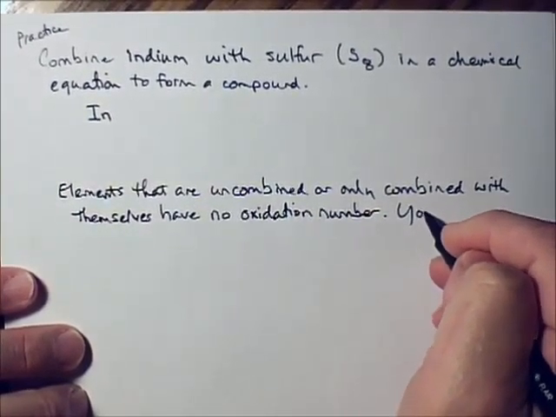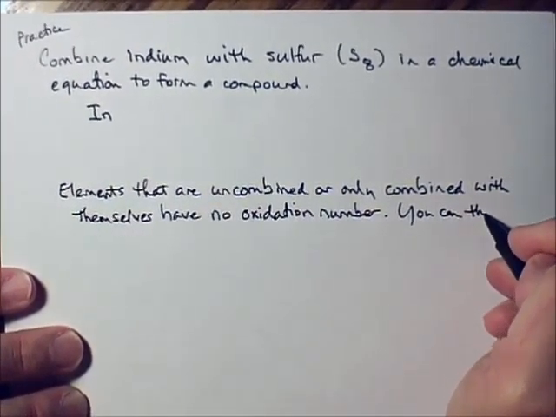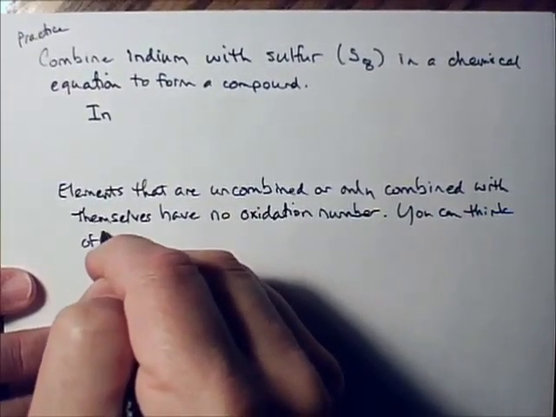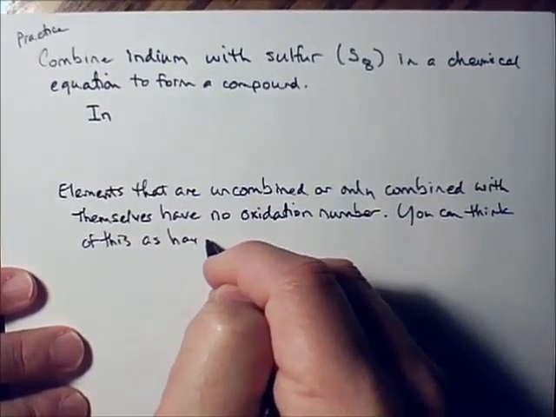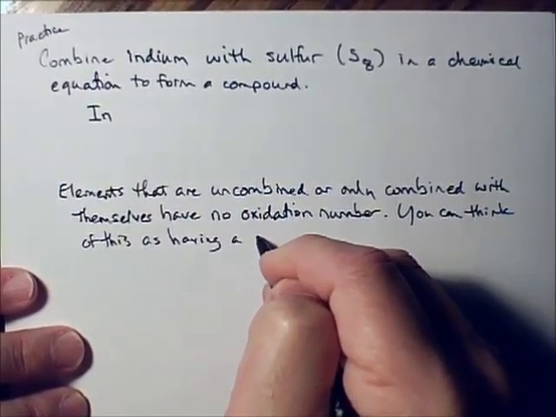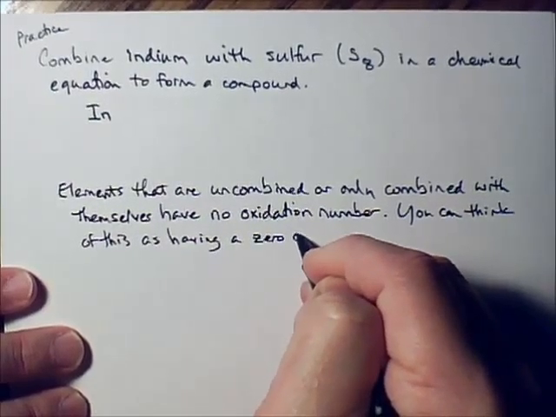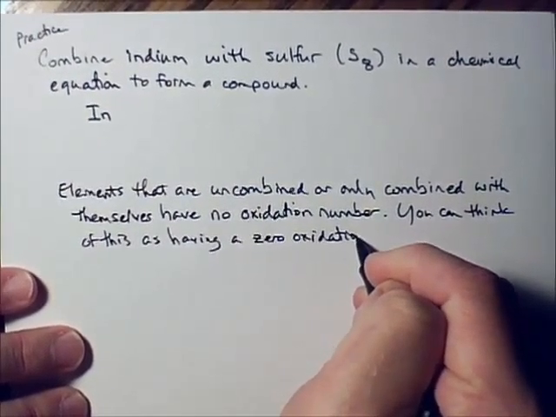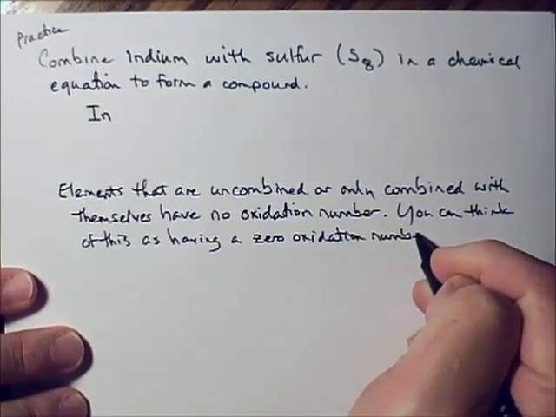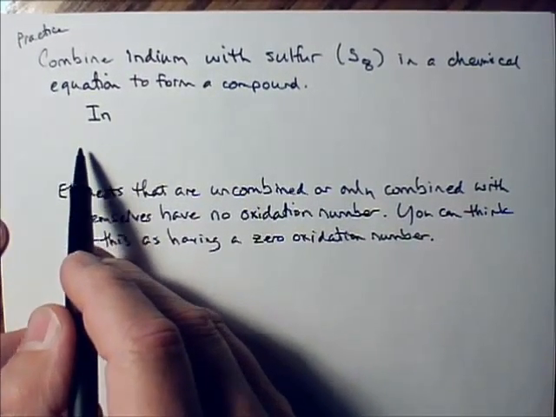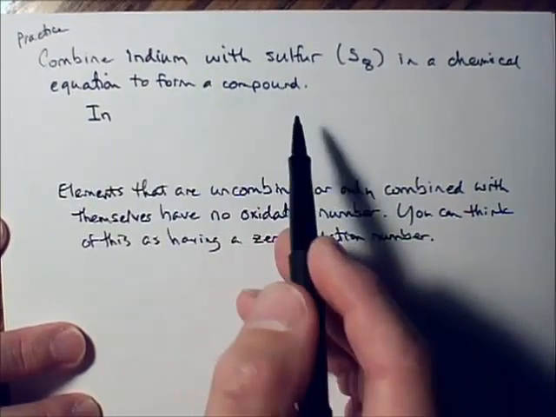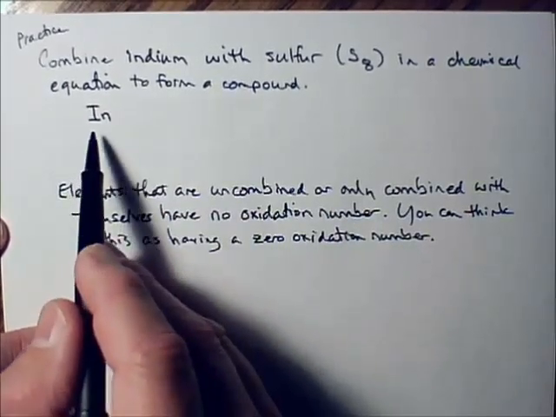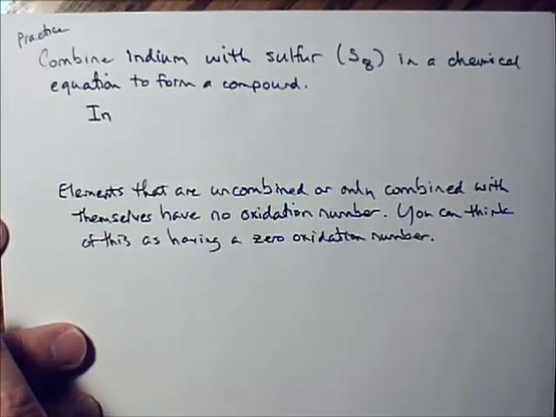So it has no oxidation number. You can think of this as having a 0 oxidation number, since it's just indium metal, and haven't yet combined it. Once we combine it, it's going to have a charge. It's got an oxidation number, but over here it has no oxidation number. It's just indium the metal. Okay?